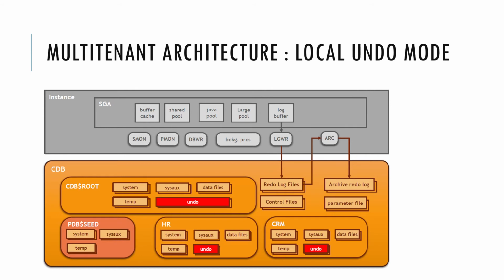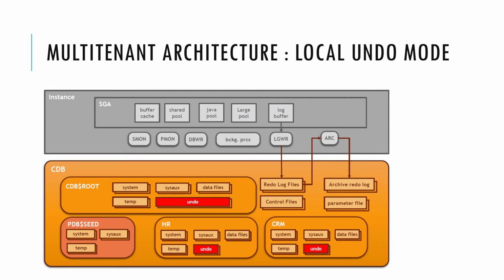So what changed and what are the benefits of local undo? Now every PDB, as you already know, has its own undo tablespace. Now if you want to do point in time recovery, you can do it at PDB level, whatever PDB it is.